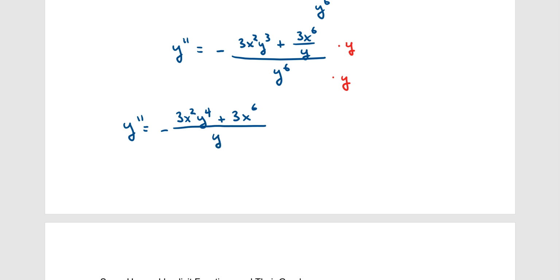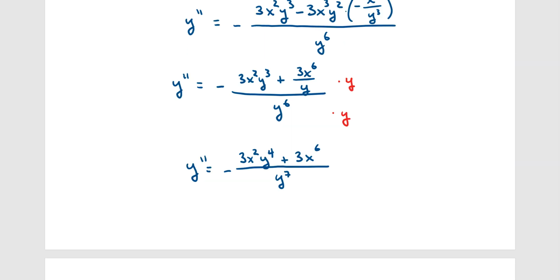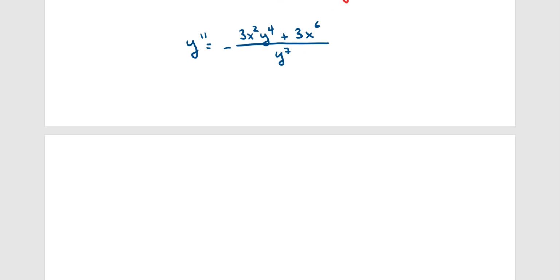And maybe let's go one step further because something else actually happens that's kind of nice. If we factor out a 3x squared in the numerator, something nice is going to happen. Let me just get some more room here. Okay, there we go. Let's go ahead and factor out a 3x squared in the numerator.